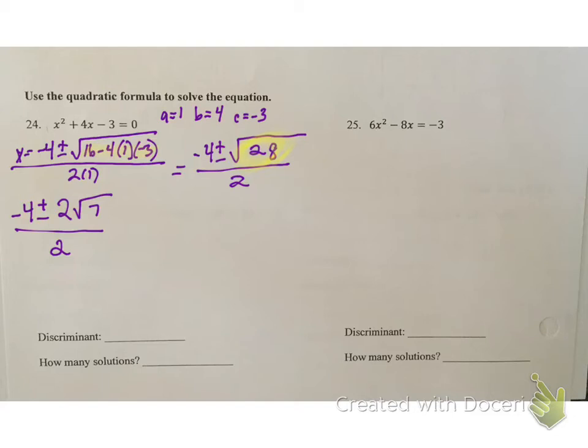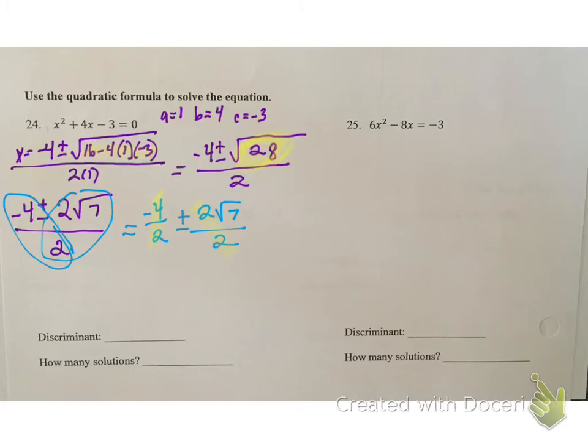And then lastly, I put my denominator under both terms. So it becomes negative 4 over 2 plus or minus 2 root 7 over 2. Then this reduces and these reduce.